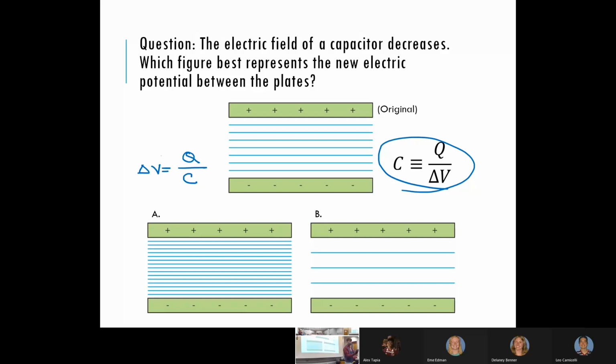Do it again, dump some more charge on, another amount of charge, and again. And the slope of the line will give you the capacitance of the object. You plot charge, the independent variable being the charge deposited, the dependent variable being the potential difference between the plates, and then the slope of the line will tell you the capacitance.